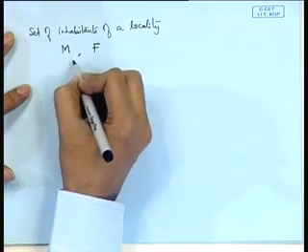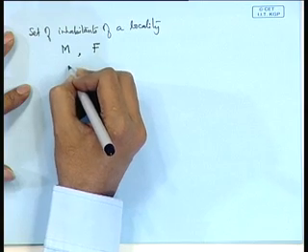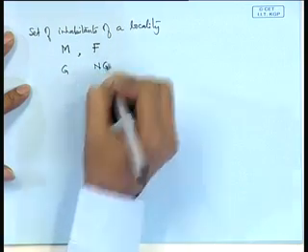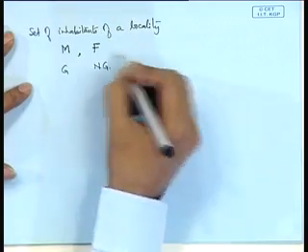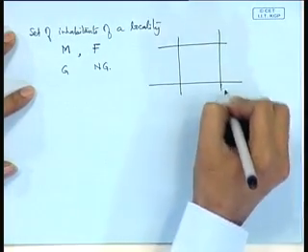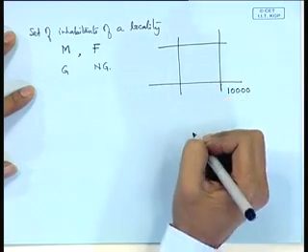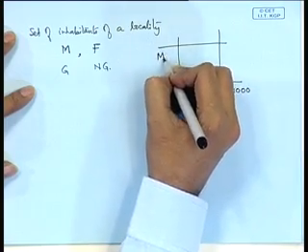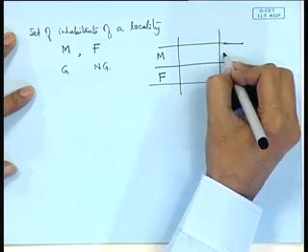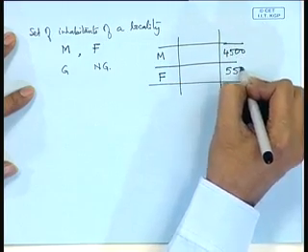We may also record whether they are graduates or non-graduates, that means below graduates. So, now suppose we have a population of 10,000 in that locality. We may classify firstly according to male and female. So, maybe we have 4,500 males and 5,500 females.